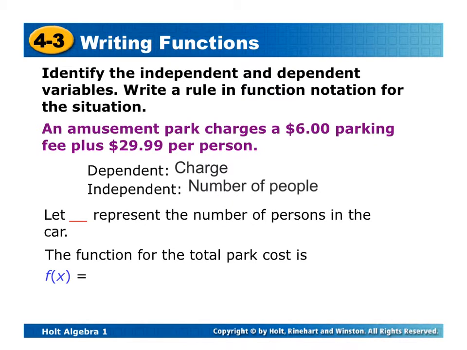Here I'm going to let x represent the number of people or persons in the car. So the function of x is going to equal the $6 just to park the car plus the $29.99 per person, so times x.